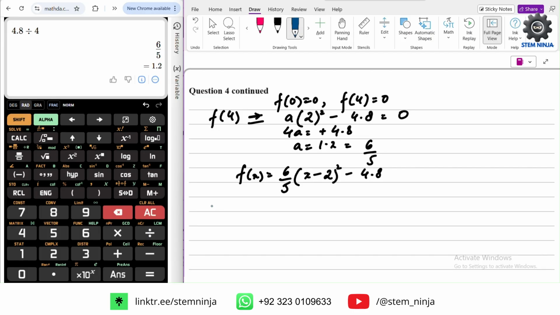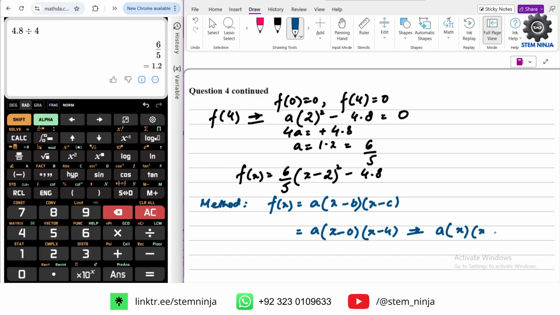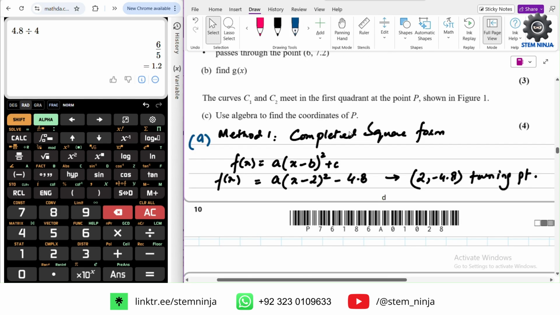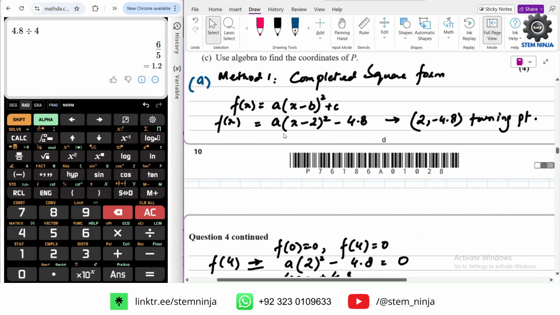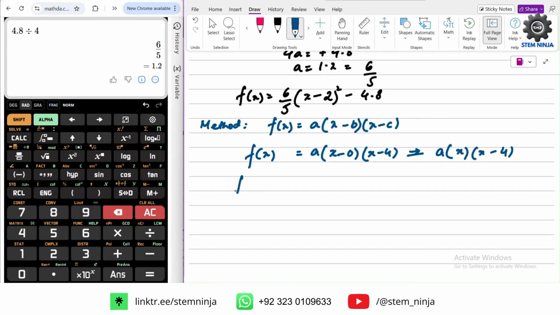Okay, the other method is using the general form, f of x equals a times x minus b times x minus c, because they gave us two roots also. So that way you will have a times x minus 0 times x minus 4, which can be written as a x times x minus 4. This is your f of x. Now to find out the third unknown again, you have to use the turning point.